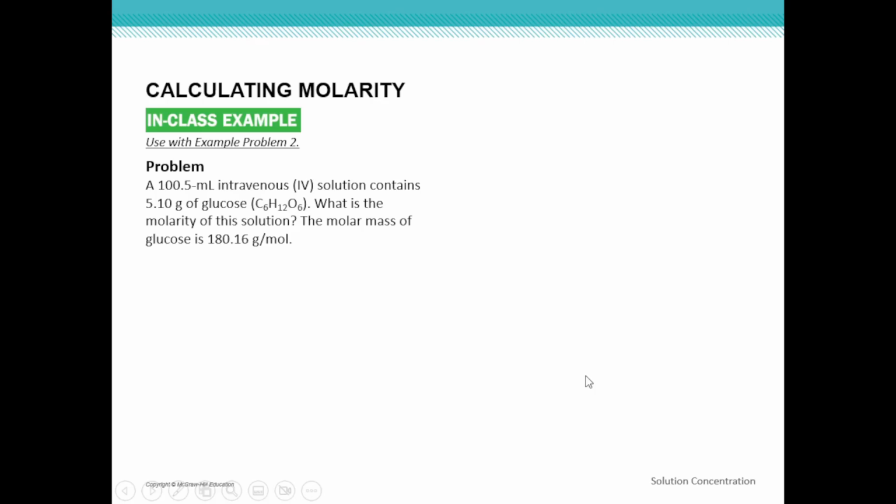Rounding, however, I should have 4 for my volume, 3 for my moles. Therefore, I should have 3 sig figs. This is 0.282 moles per liter for the answer. So I could verbalize that as a 0.282 molar solution.